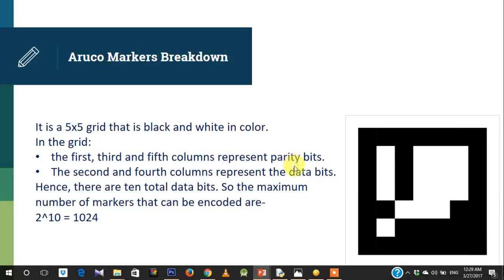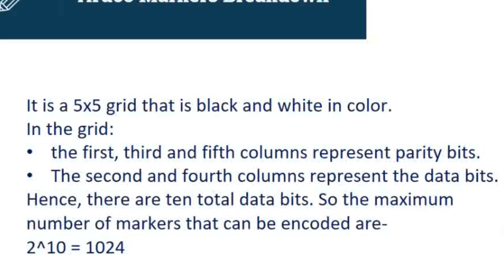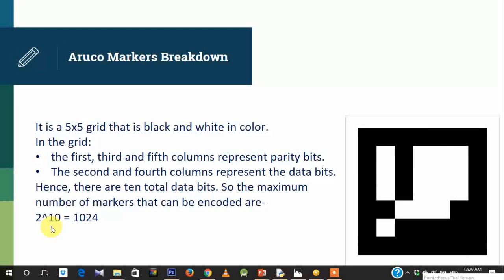If suppose the parity bits are odd at the receiver side, the data isn't read because clearly there was some error in the transmission. Hence there are a total of 10 data bits. So the maximum number of markers that can be encoded is 2 power 10, which is 1024. So we can have 1024 IDs which are unique.